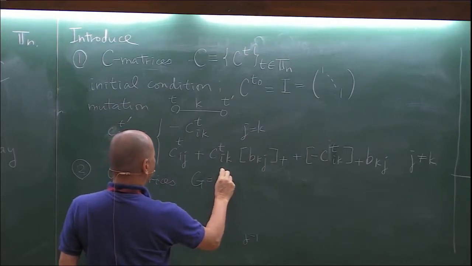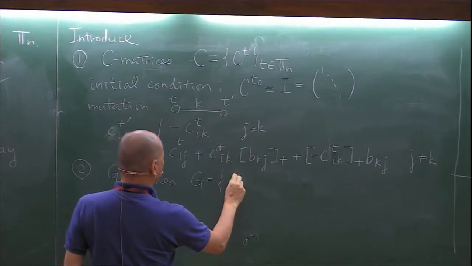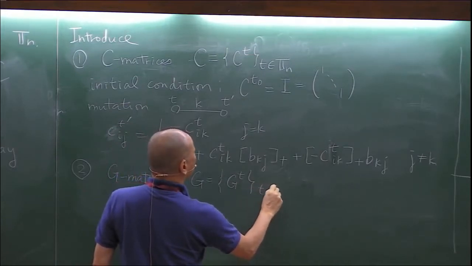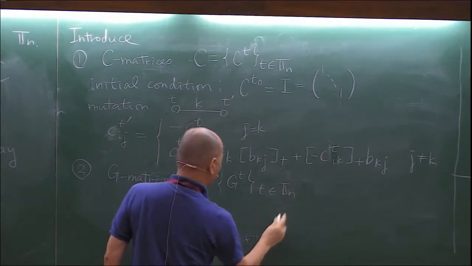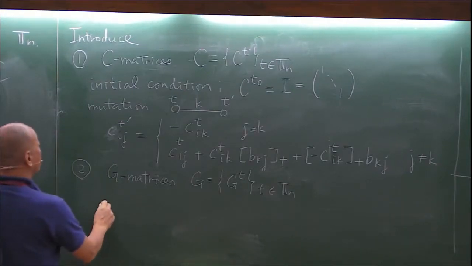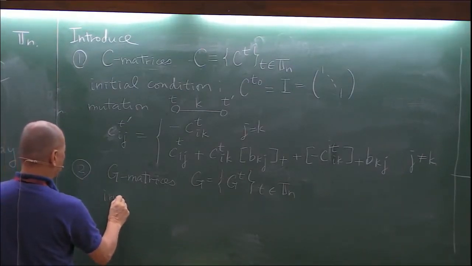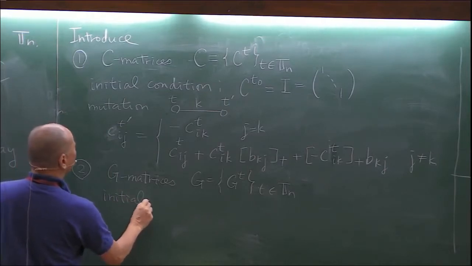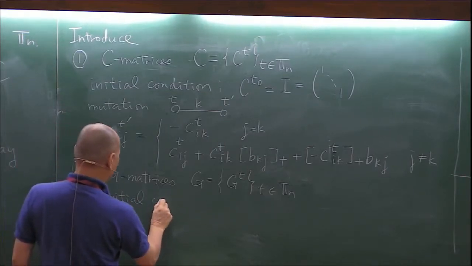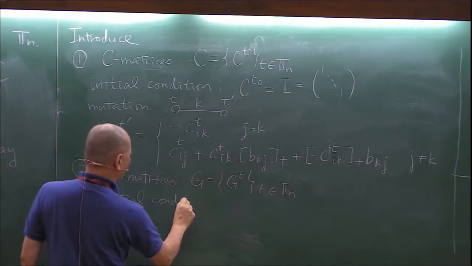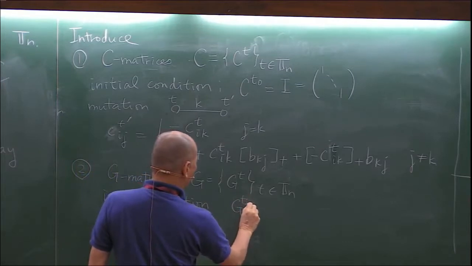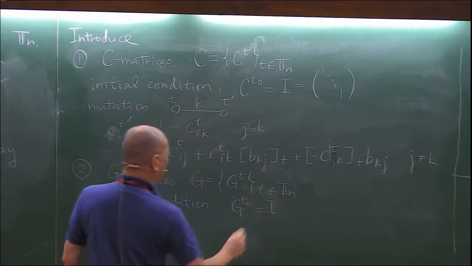So Z is also an assignment of integer square matrices, G_t. Once again, it is given by an initial condition: G at t0 is the identity matrix.